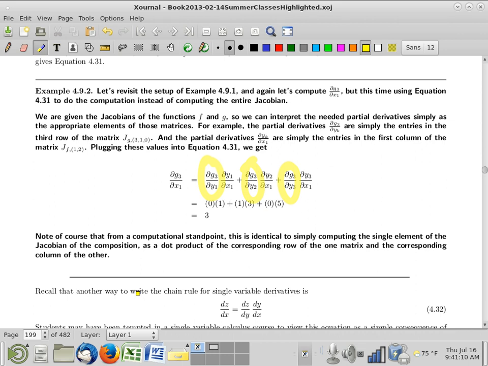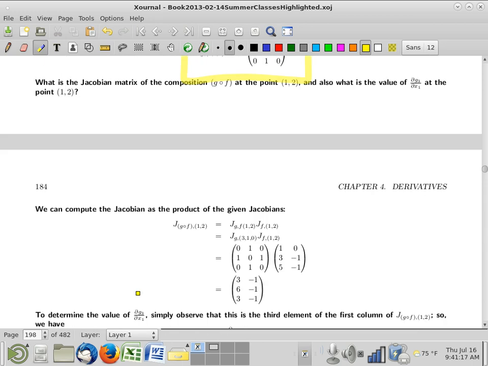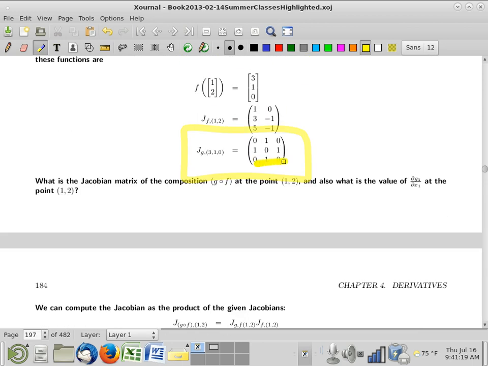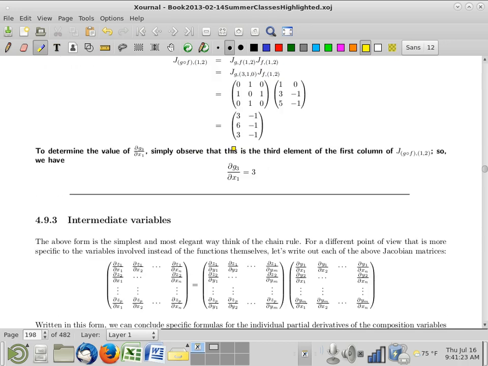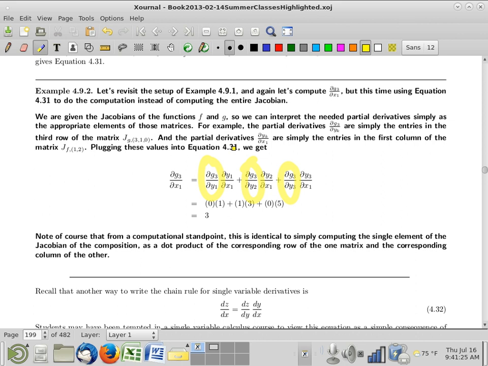G3, specific output variable. So we're looking at the partial derivatives that are in the third row of that matrix. So these are the numbers in question, 0, 1, and 0. And you'll notice those go here. So 0, 1, 0.